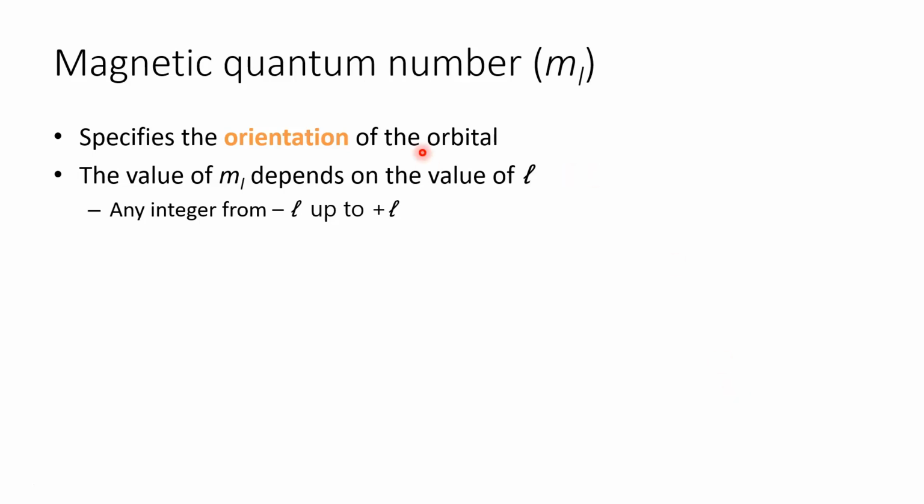The magnetic quantum number specifies the orientation of the orbital, and it depends on the value of L. So it's any integer from negative L to positive L. And we're going to talk about this in more detail in a minute because the orientation gives you an idea of which axis the lobes of the orbital lie on, basically. So it'll make a lot more sense when we go through the pictures in just a minute.